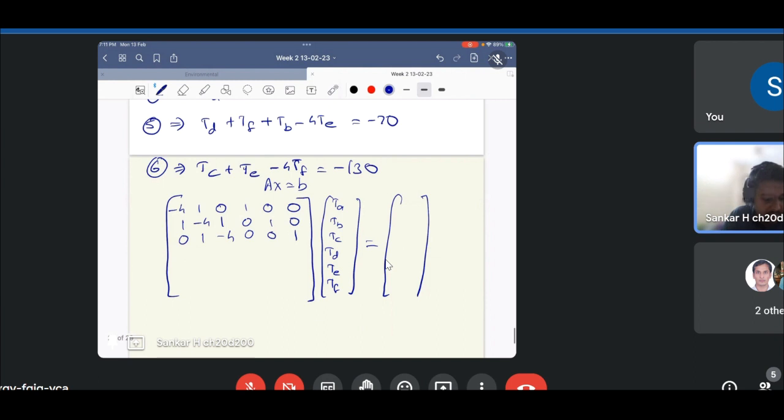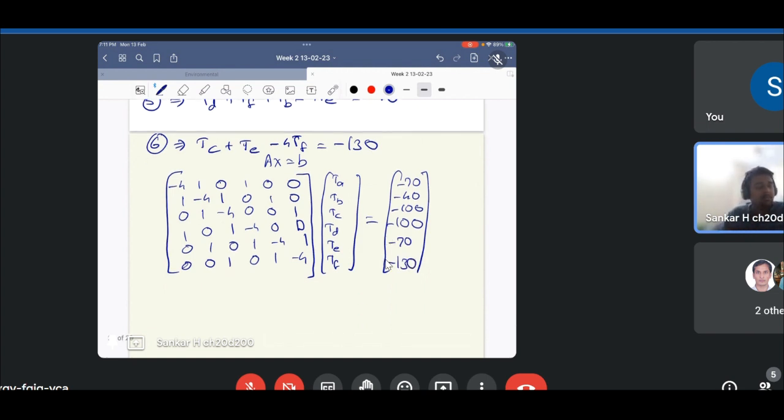And the equation for TB would be 1, 0, 1, -4, 0, 0, 0, 1, 0, 1, -4, 1, 0, 0, 1, 0, 1, -4. We equate that to -70, -40, -100, -100, -70, -130. Now we have the form Ax = B.